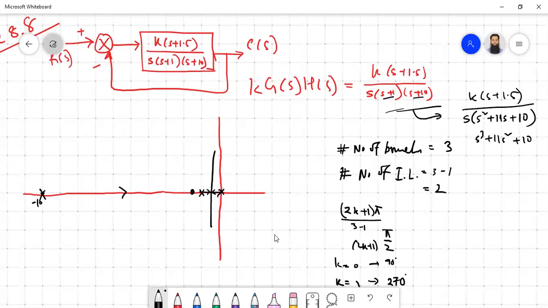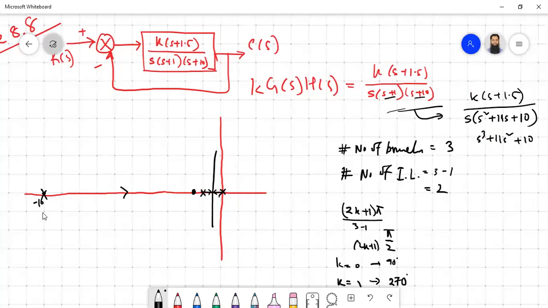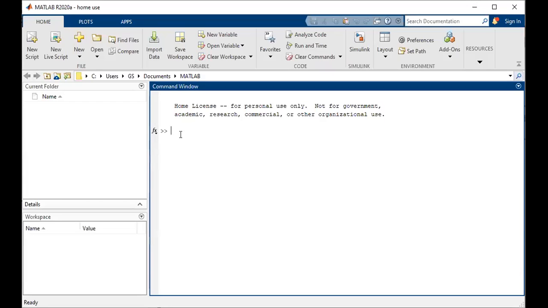Our prediction is that the pole from minus 10 will be going to 0 at minus 1.5, and there should be vertical lines going somewhere in between the 0 and 1 poles. Okay, so our numerator is 1, 1.5, and the denominator is 1, 11, 10, and 0.